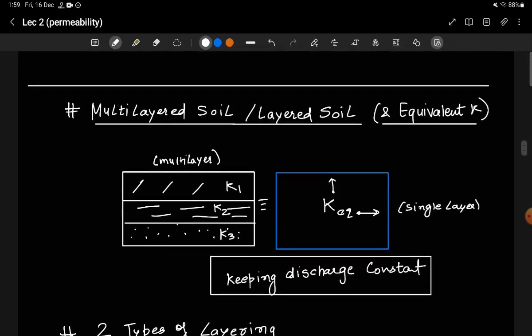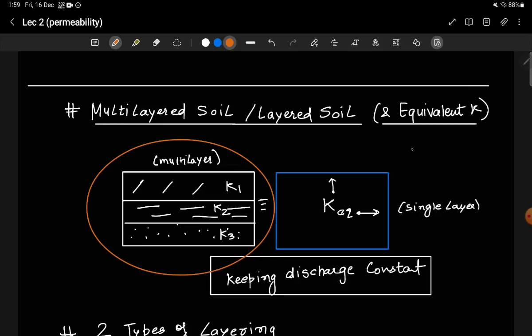Now, multi-layered soil or layered soil and equivalent coefficient of permeability. So what we do in multi-layered soil actually is we convert this whole multi-layered system of soil into one single layered soil which has an equivalent coefficient of permeability.